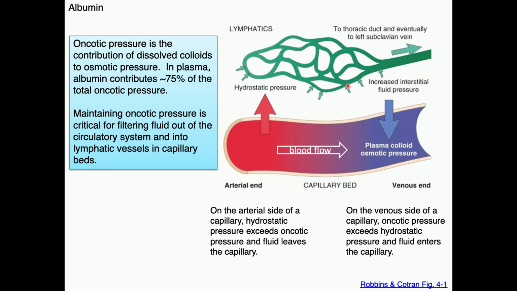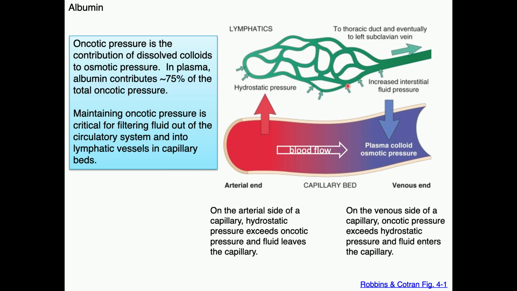More precisely, it's pressure that's derived from the concentration of all of the proteins within our blood. But because albumin is by far the most abundant protein, albumin is the major contributor to the oncotic pressure within our blood.